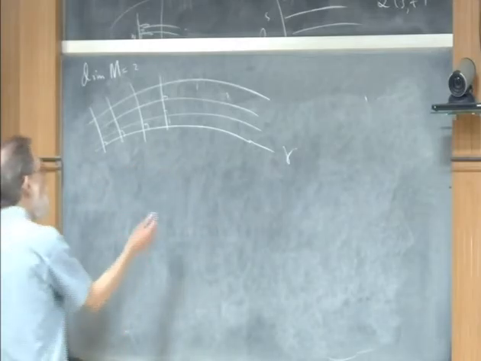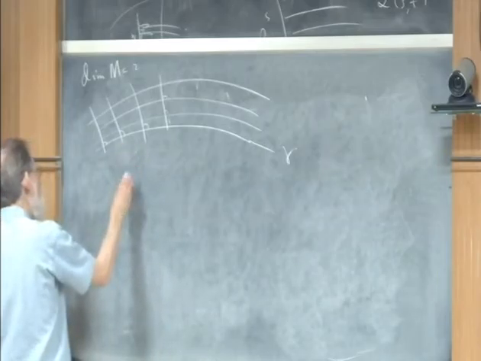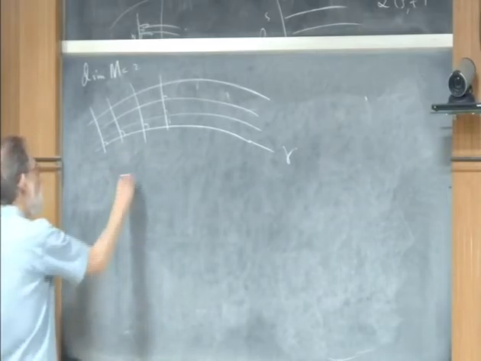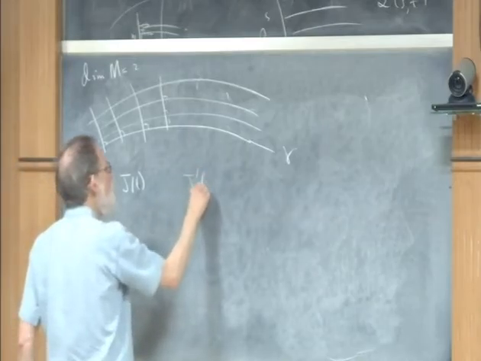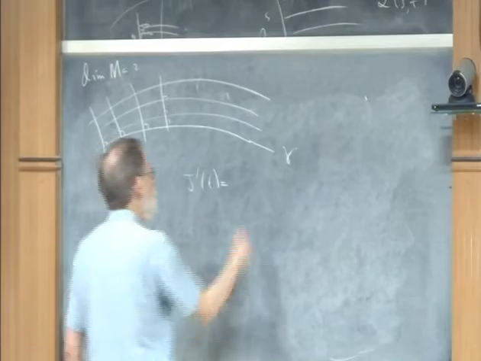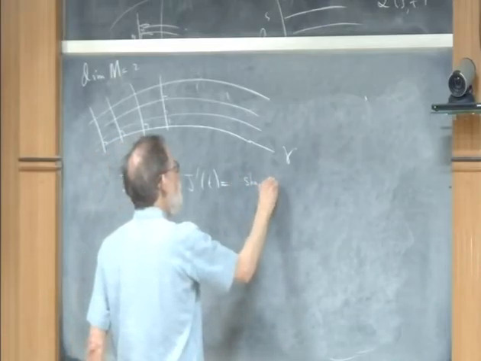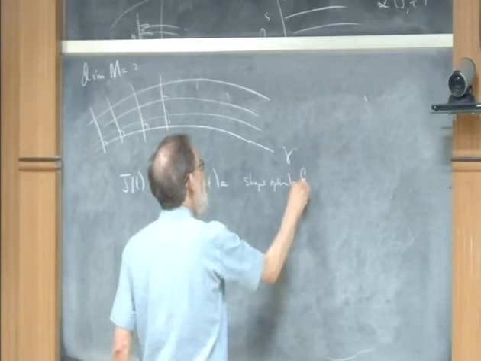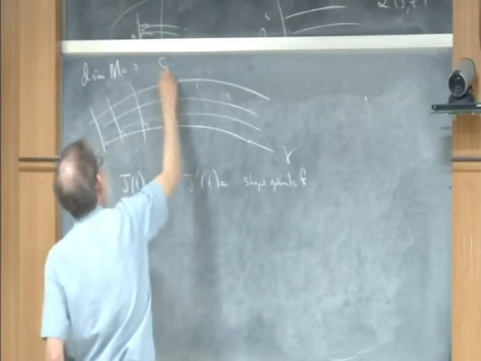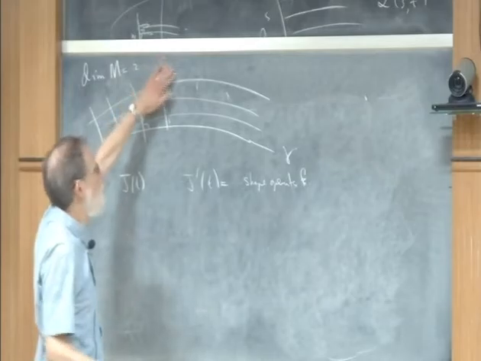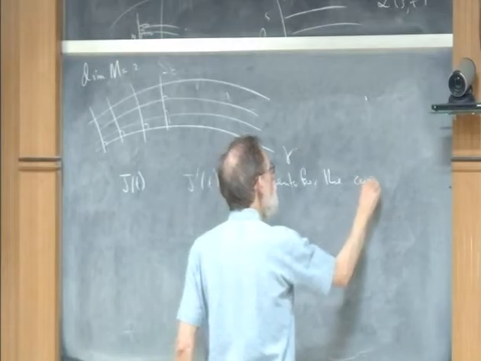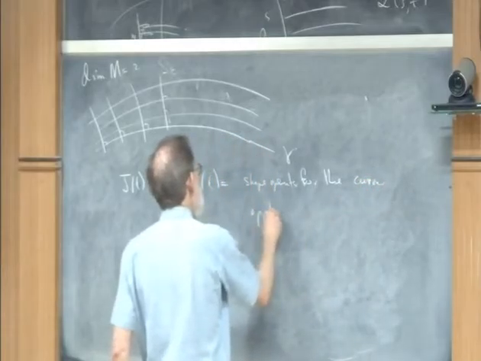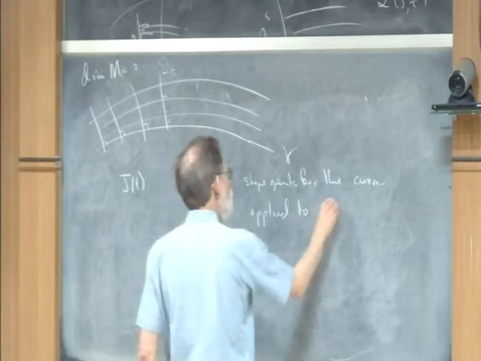And so if my Jacobi field is J, what you have is that J prime of t is the shape operator, say S sub t, for the relevant curve applied to J of t.